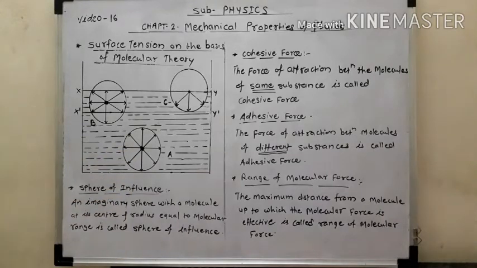Now the molecule B is just below the liquid surface. Water molecules are greater in number, and air molecules are small in number, so the forces of attraction exerted by the air molecules on B are negligible compared to those exerted by the liquid molecules.